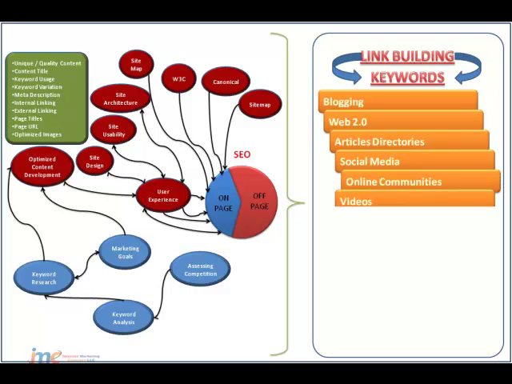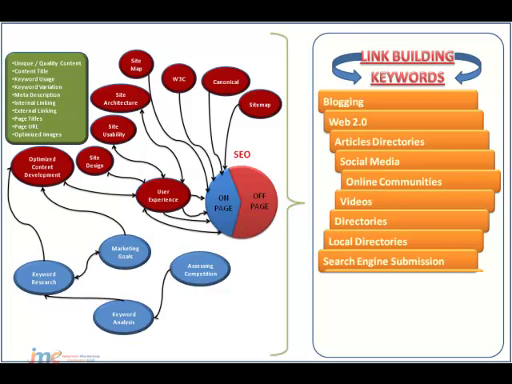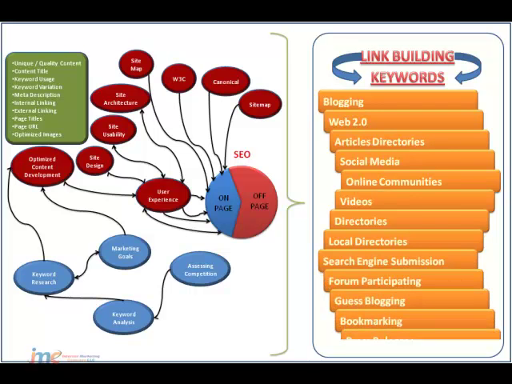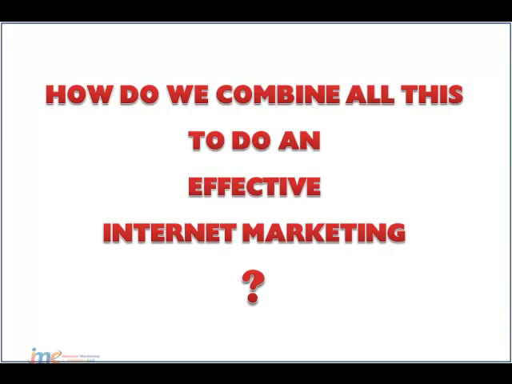In order to build these links, these are the elements within off-page optimization, from blogging to Web 2.0 sites to press releases, which you use to develop your backlinks to your own website. Now, how do we combine all this to do effective internet marketing?